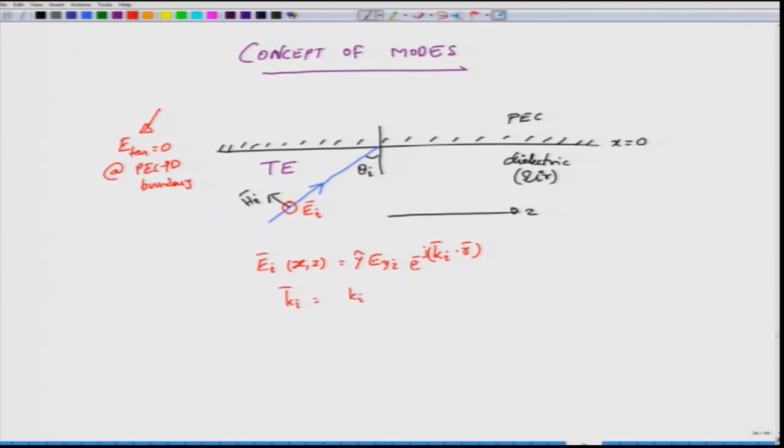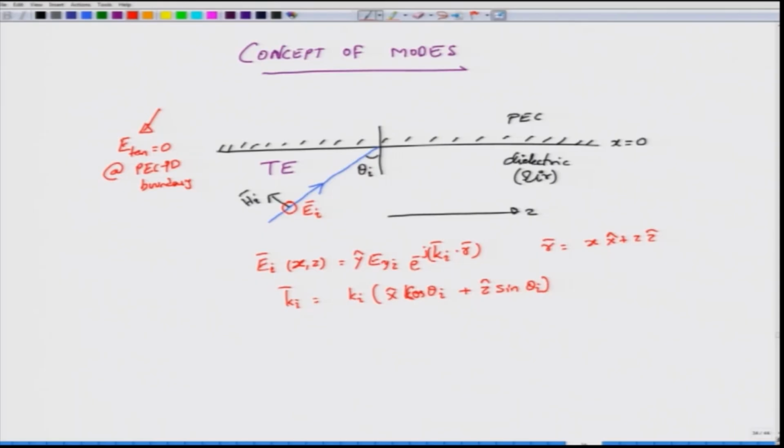Clearly, this is given by k I, which is the magnitude of the incident wave vector, times x hat cos theta I plus z hat sin theta I, and I know that the position vector r in this plane that I am considering is x hat x plus z hat z. So, if I go back and substitute into this expression, I would have figured out everything that is needed to describe this physical scenario where the incident electric field is transverse electric polarized.